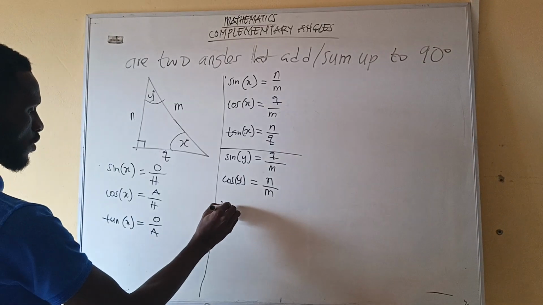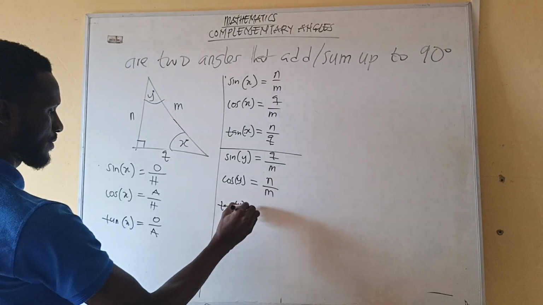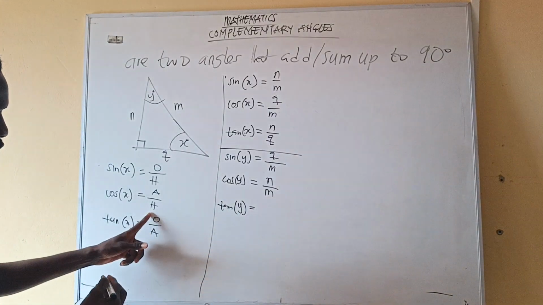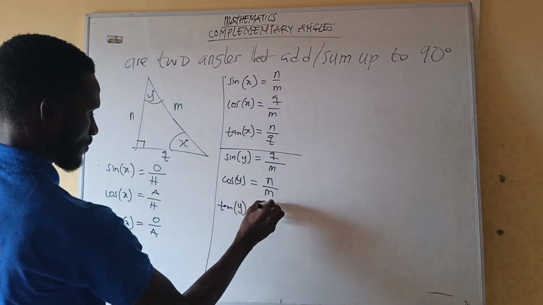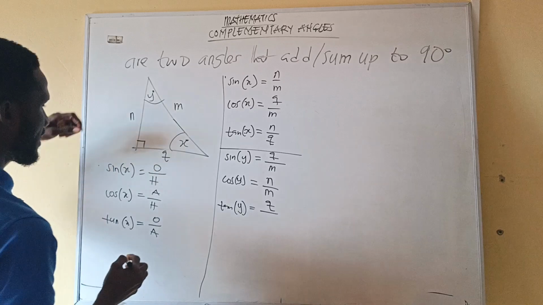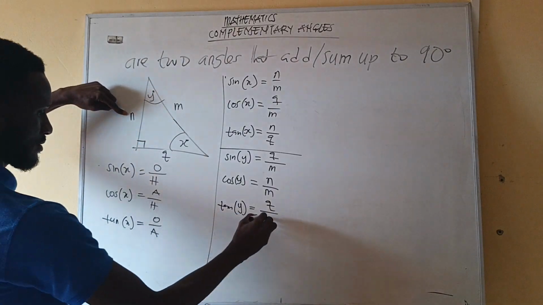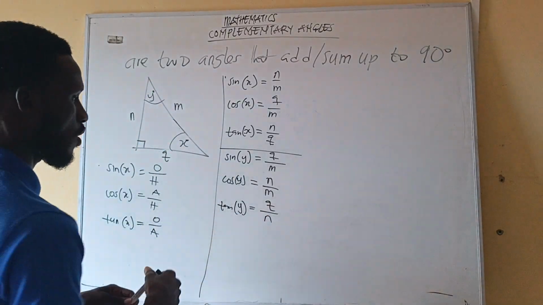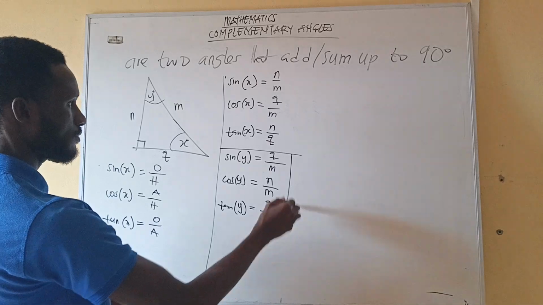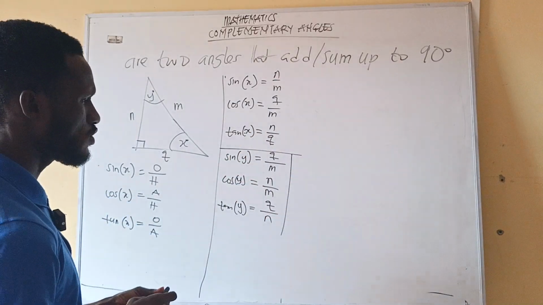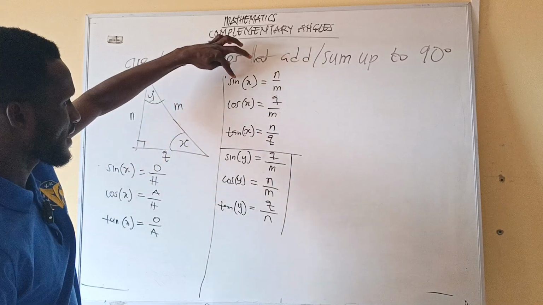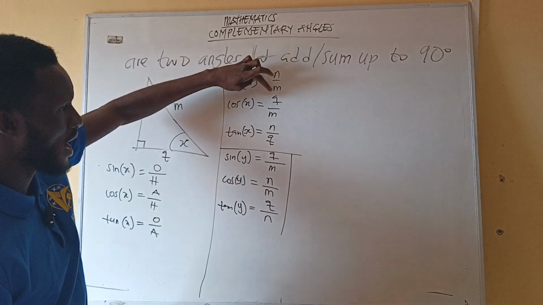Now let's solve for tan y. Tan is opposite over adjacent. The opposite here is Q, then the adjacent here is N. Now let's compare this one to this one. Can you see that sine x here is N over M?